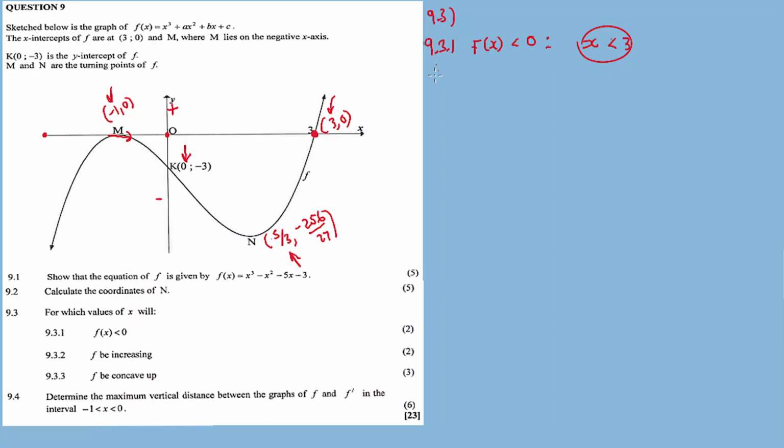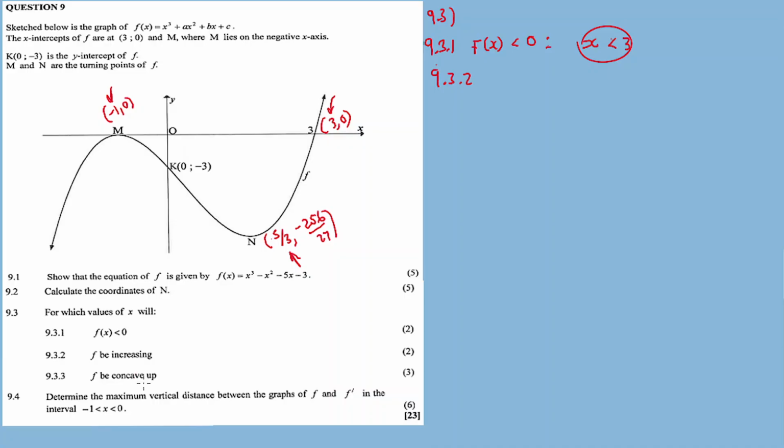9.3.2, just to bring some clarity: for which values of x will f be increasing?